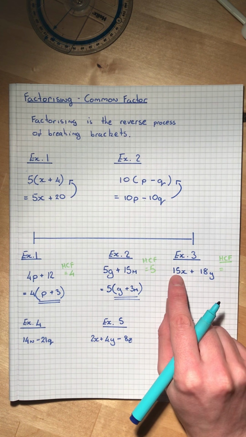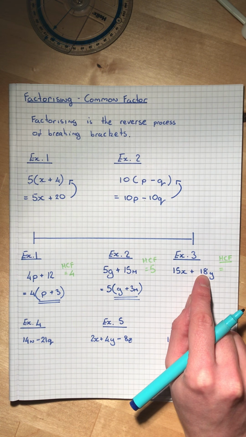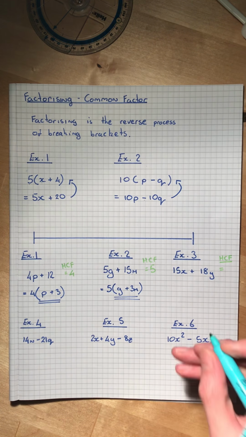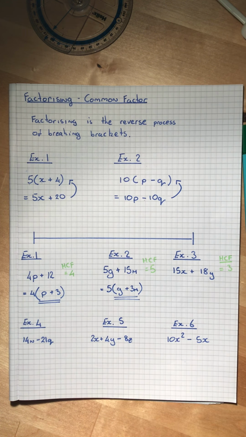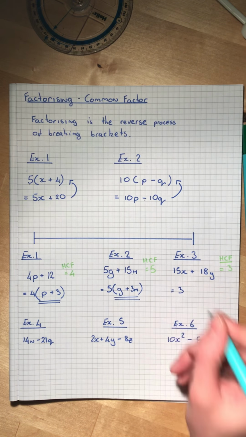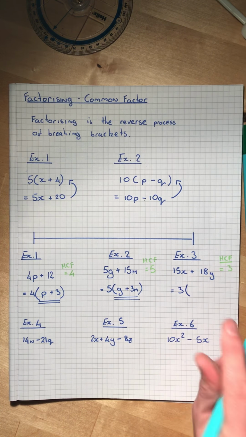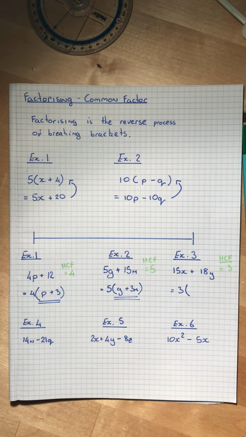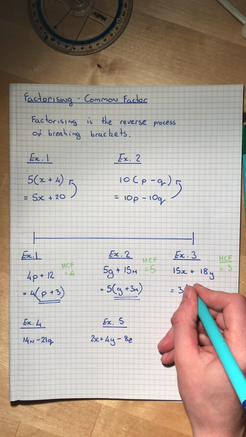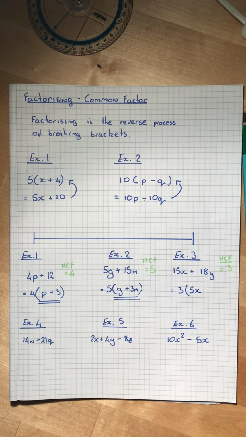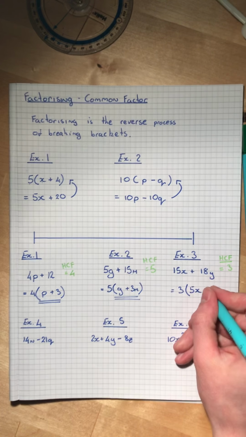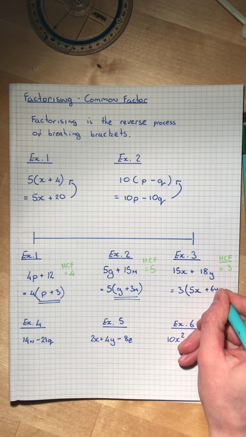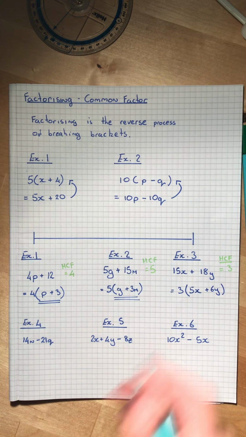Well, 15 and 18 are both in the 3 times table, so the highest common factor is 3. So 3 times what gives 15x? 3 times 5x gives 15x. 3 times what gives 18y? 3 times 6y gives 18y.